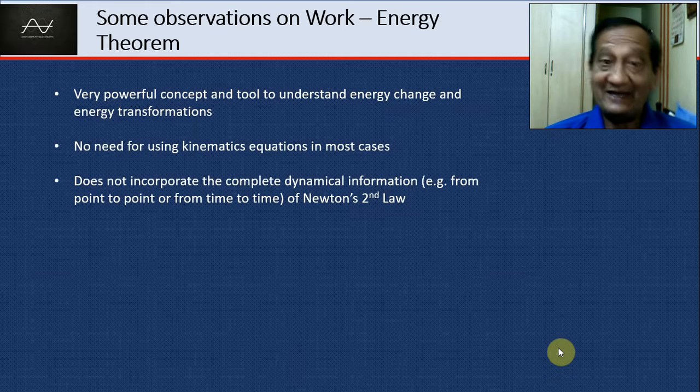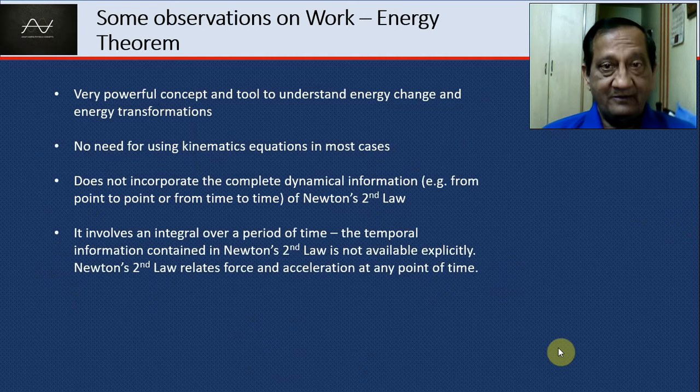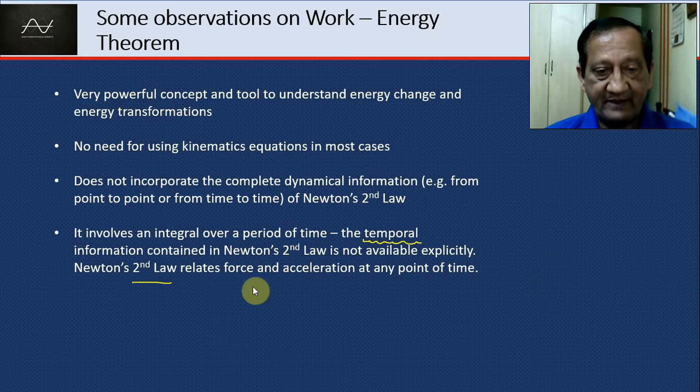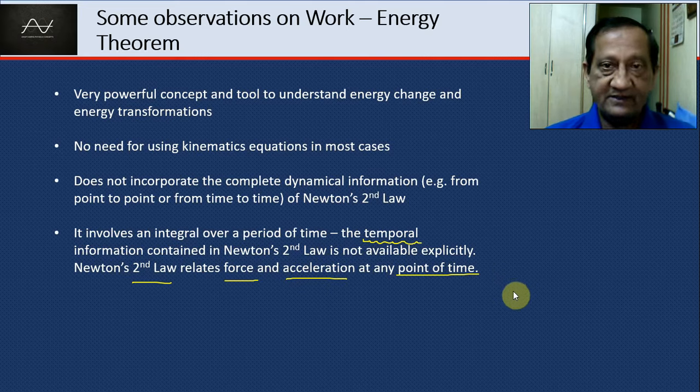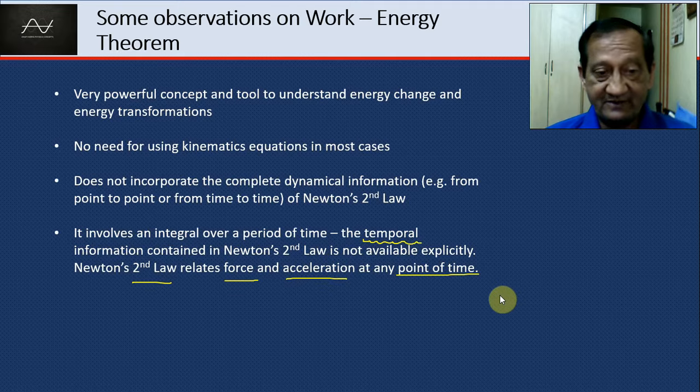That dynamical information is not there, because it involves an integration over a period of time, and the temporal information, temporal means relating to time, is not available explicitly. Whereas Newton's second law, F equal to ma, relates force and acceleration at any instant. So such temporal information contained in Newton's law is not explicit.